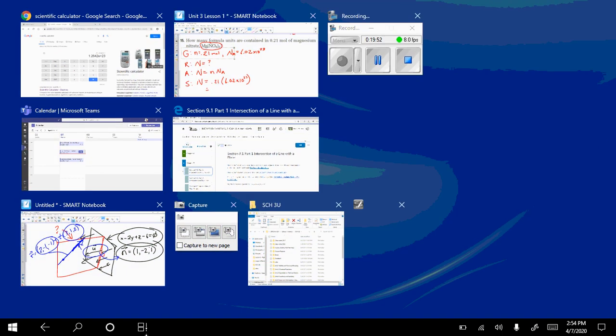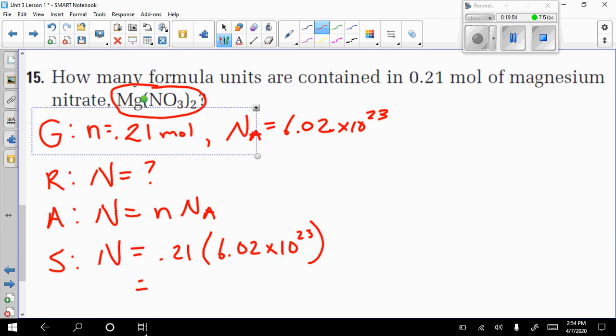So here we go. 1.26 times 10 to the 23, and that would be formula units.